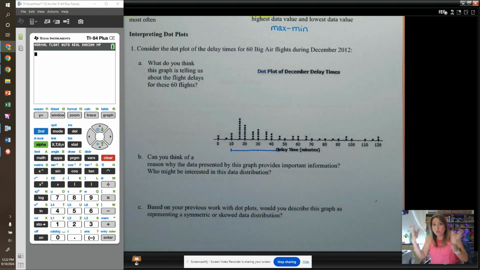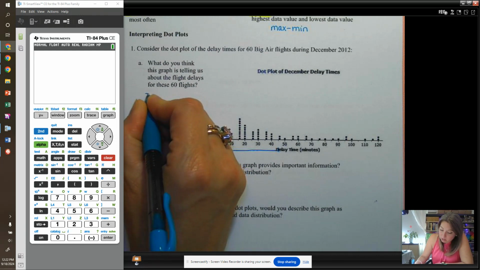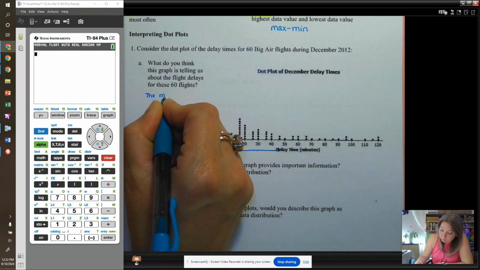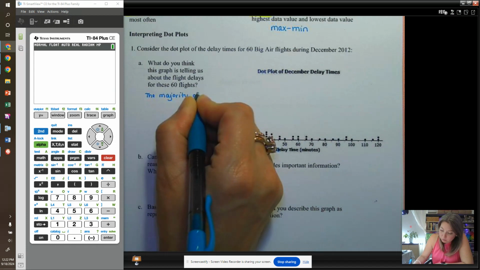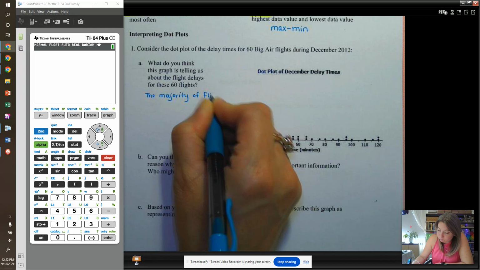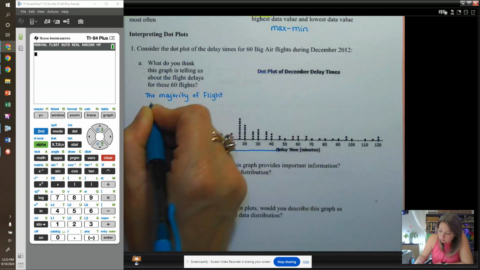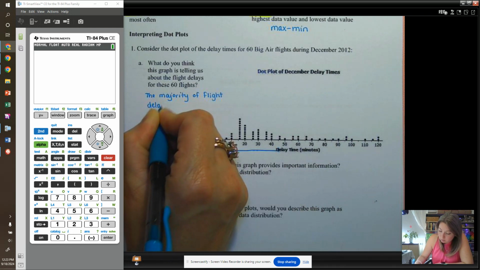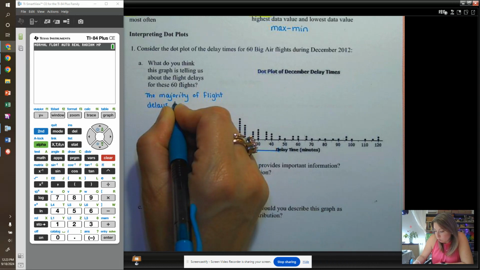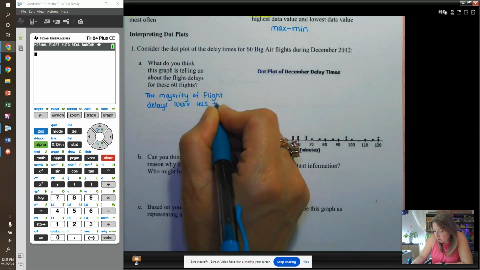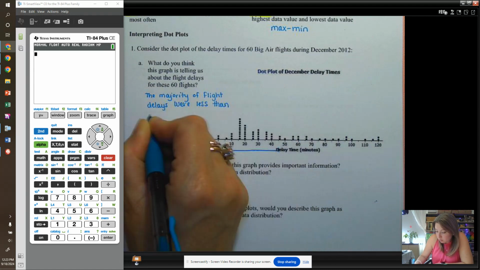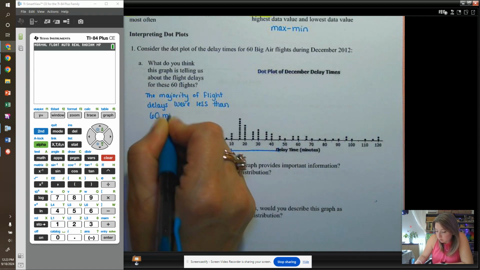So the majority of our flight delays were less than an hour. So I think that's what it's telling us. The majority of flight delays were less than 60 minutes.